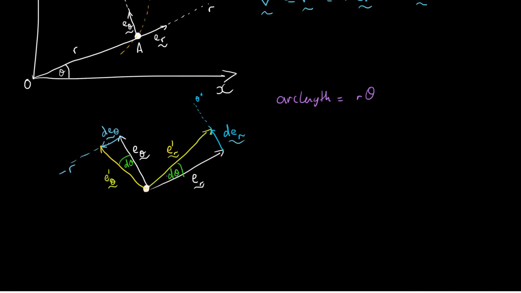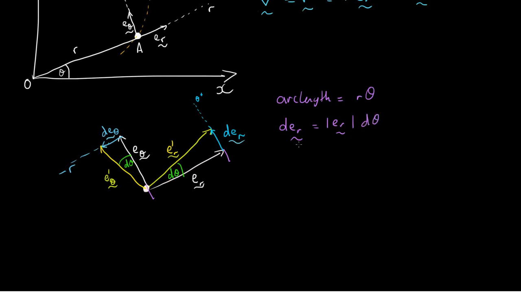Now, if we take the limit that delta theta tends to 0, this distance between the ends of these two vectors will be exactly the arc length. So we can say that d e of r is equal to the radius, which is this distance from here to here, which is the magnitude of the vector e of r, times the angle, which is d theta.